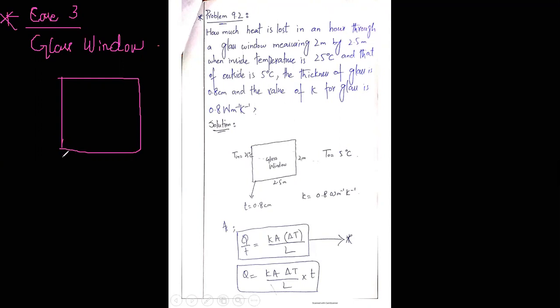The thickness of the glass is 0.8 centimeters. T in is given as 25 degrees Celsius, and T out is 5 degrees Celsius. The dimensions are 2 meters on this side and 2.5 meters on this side.